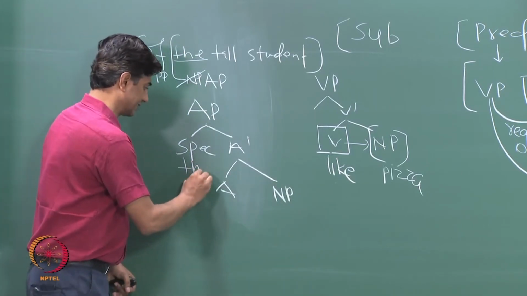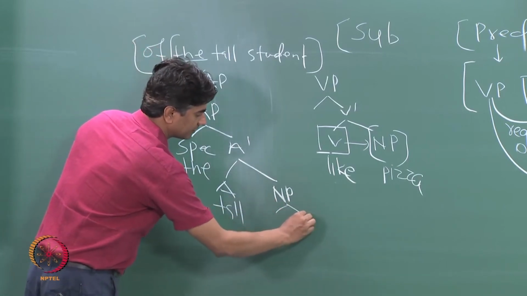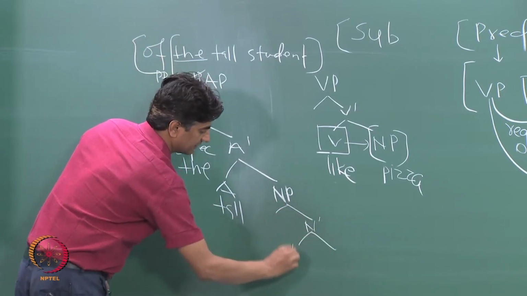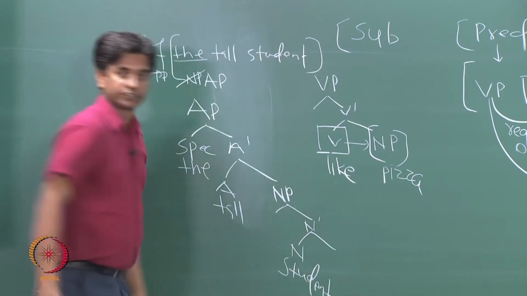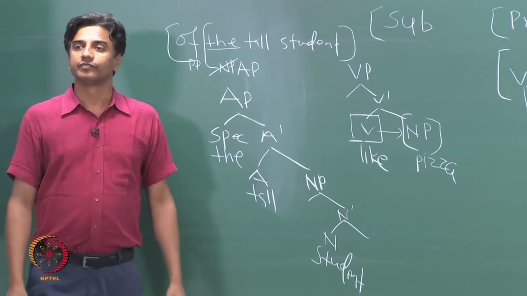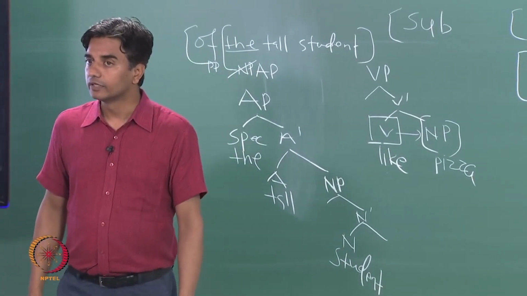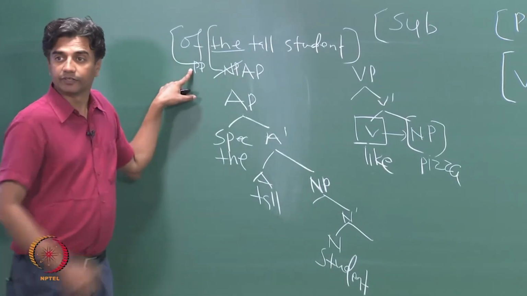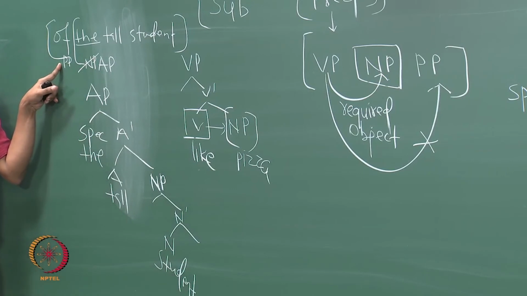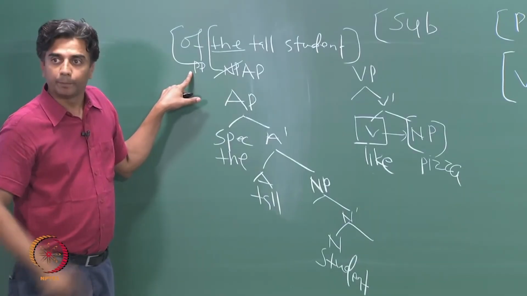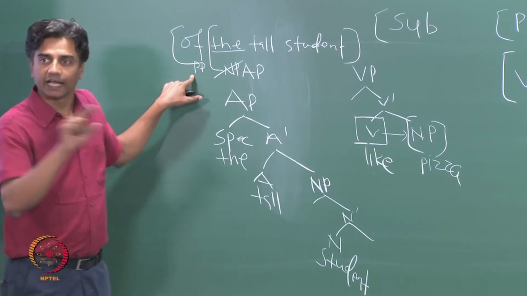"The" is the specifier, "tall" is the head, and "student" is the head of the NP. Adjectives require PP complements? Yeah, that is because this is the PP. "Of the tall student" becomes a PP. So in this PP, P does not have an NP as a complement; P has an AP as its complement.